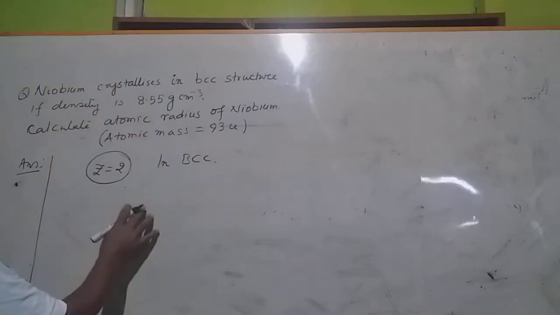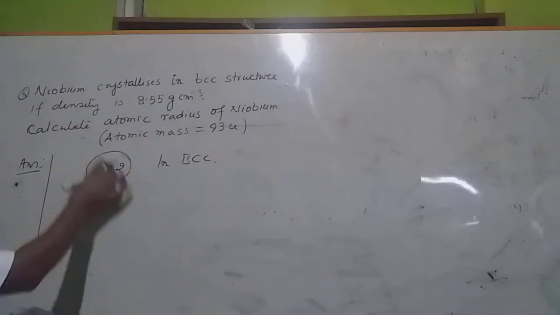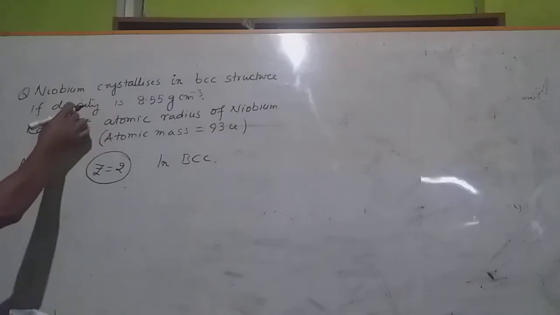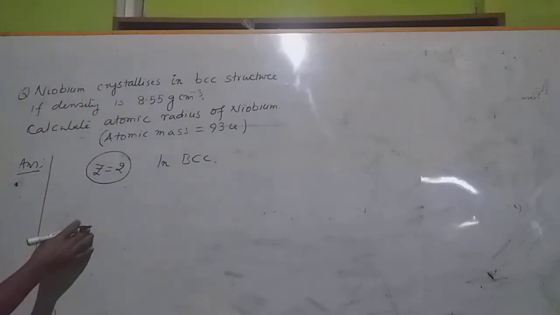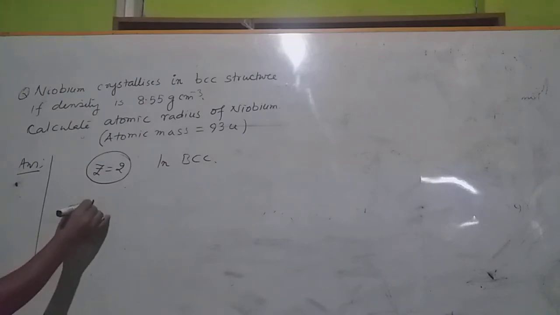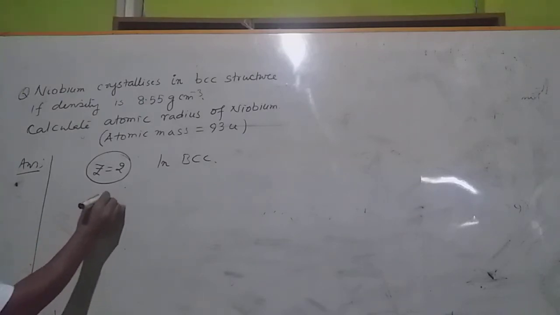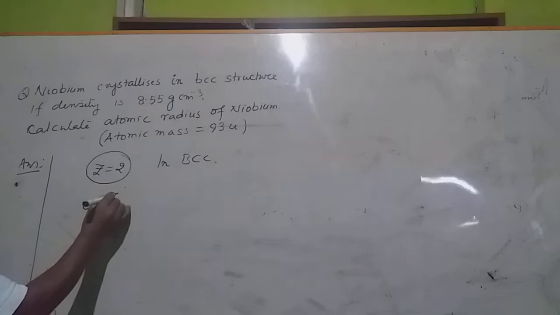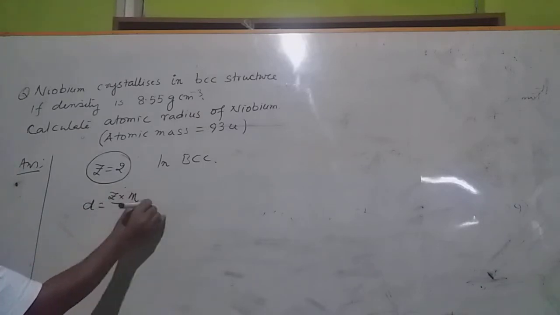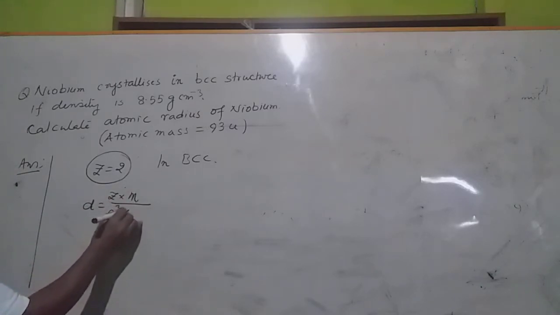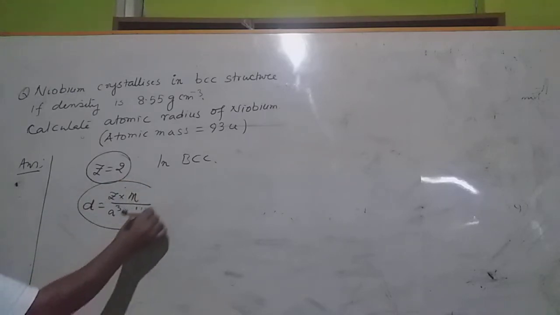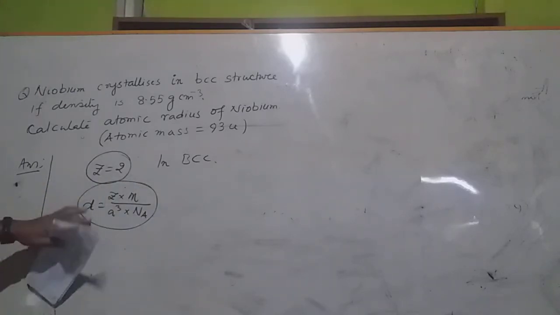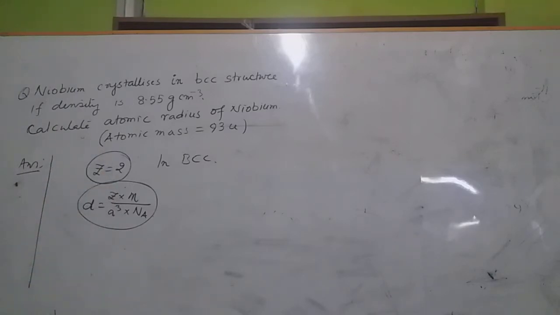So from the given density, what was the formula of the density from the given crystal's dimensional parameters? That is d is equal to Z into molar mass divided by a cubed into Avogadro's number. So this is one of the approaches.